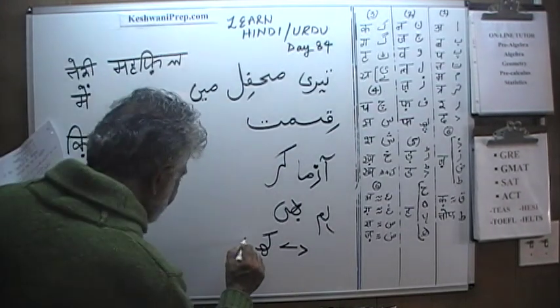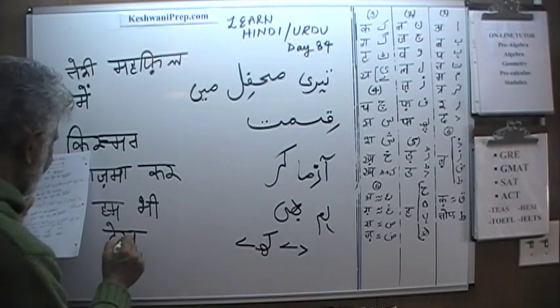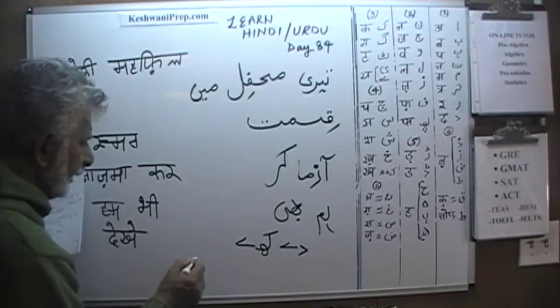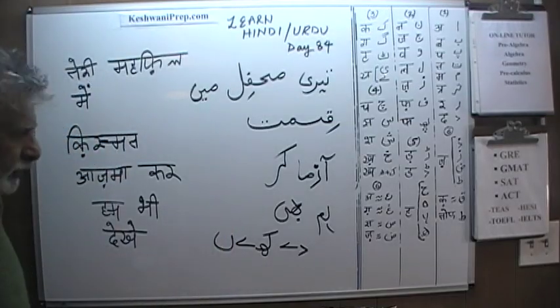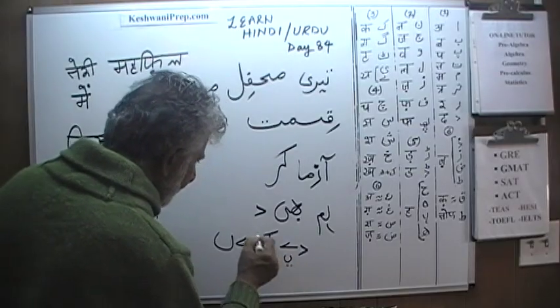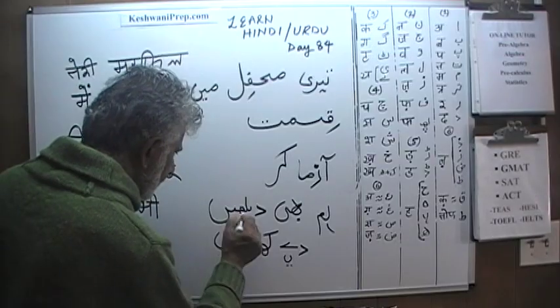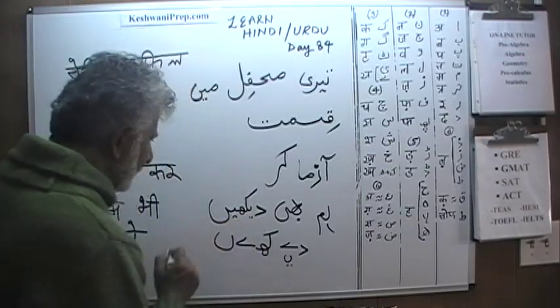Then the badi ye, that's going to give us choti ye ki matra. And then a noon ghunna. When we put them together, it's going to look like this. Dal, this is going to change the shape like this. And then a kh, then another one, and that reads dekhenge.